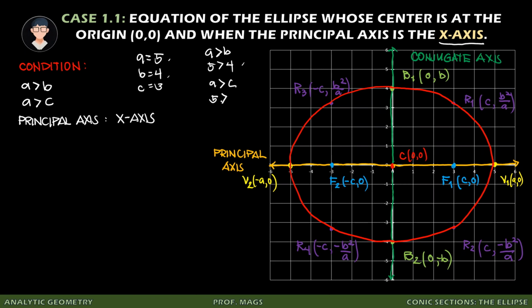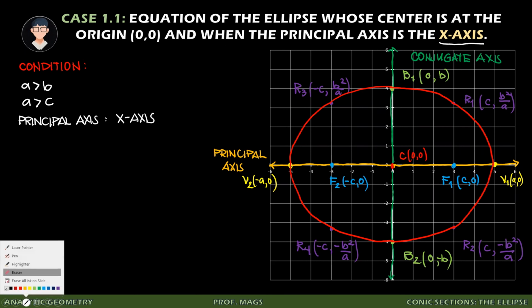If we substitute that, 5 is greater than 3. Logically, you can also look at it without using these formulas. This a is greater than b, a is greater than c. You can just logically analyze the problem. You can easily see whether the principal axis is the x-axis or y-axis. So that is our principal axis.